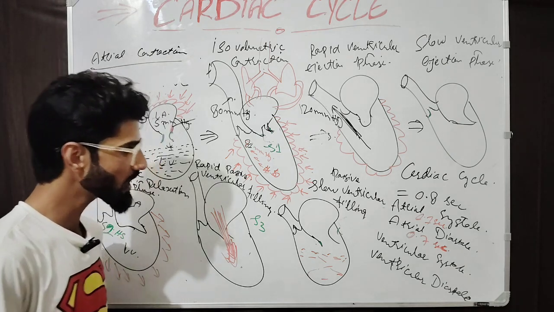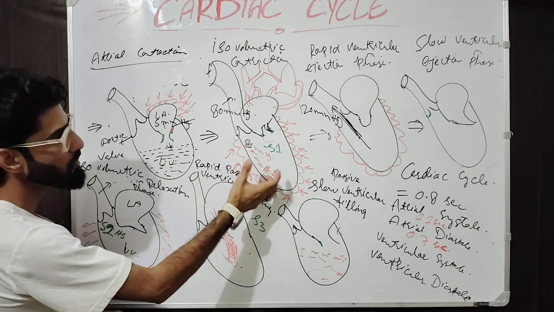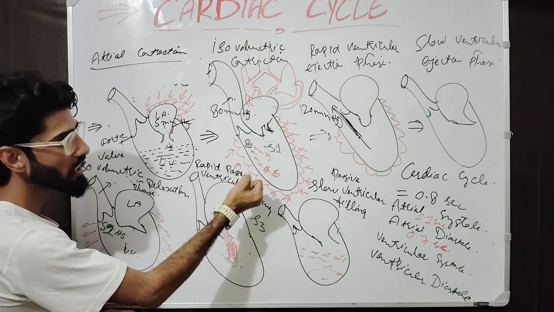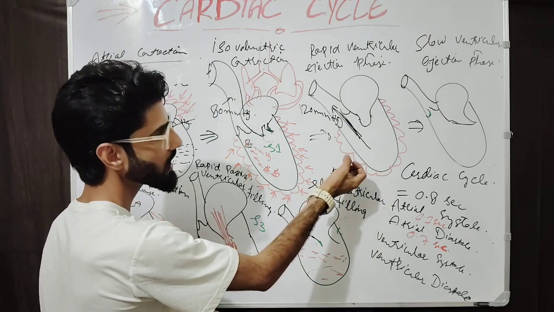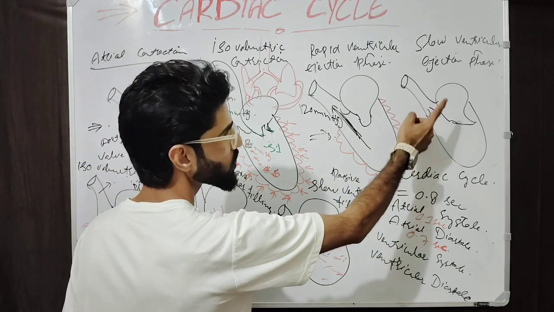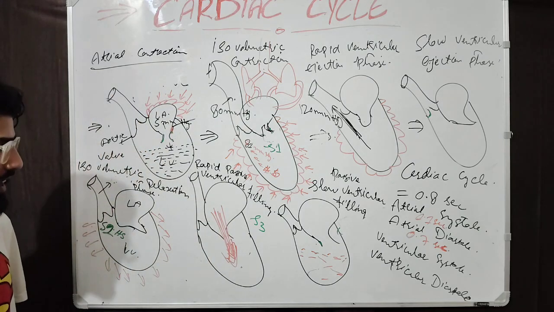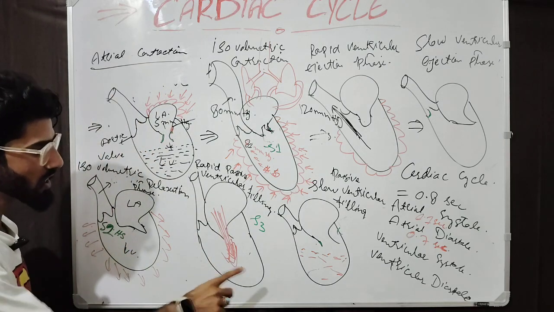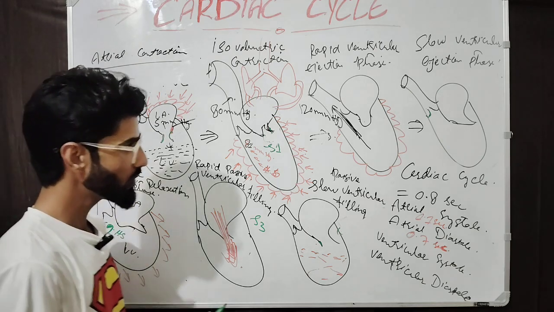Then ventricular systole. Here during the isovolumetric contraction, the left ventricle will contract. In the rapid ventricular ejection phase, the left ventricle will contract. During the slow ventricular ejection phase, the left ventricle will contract.